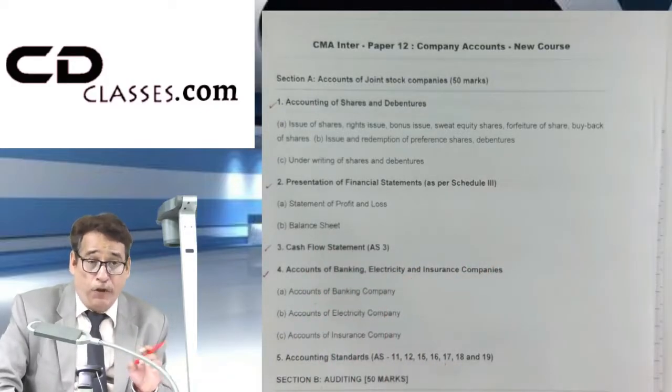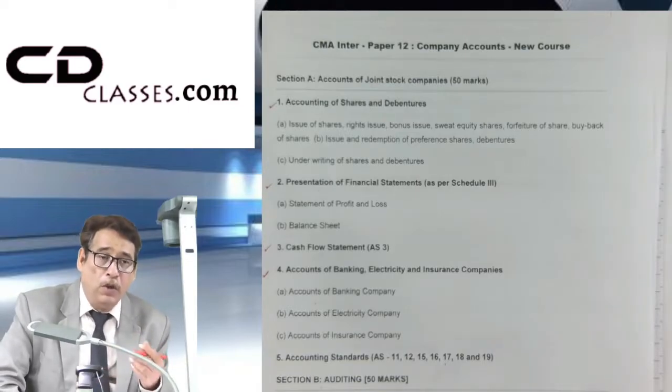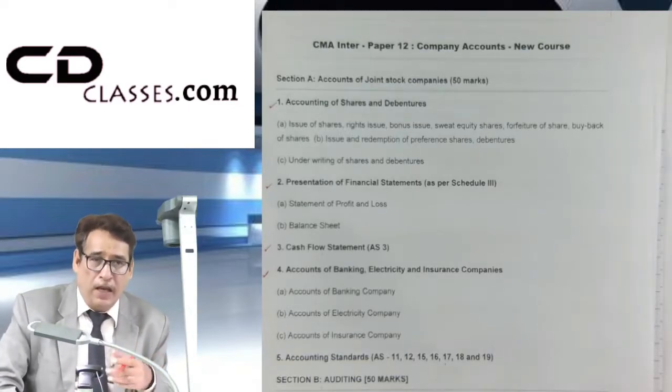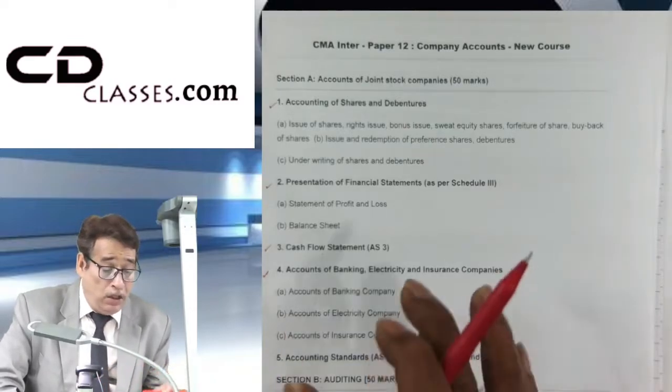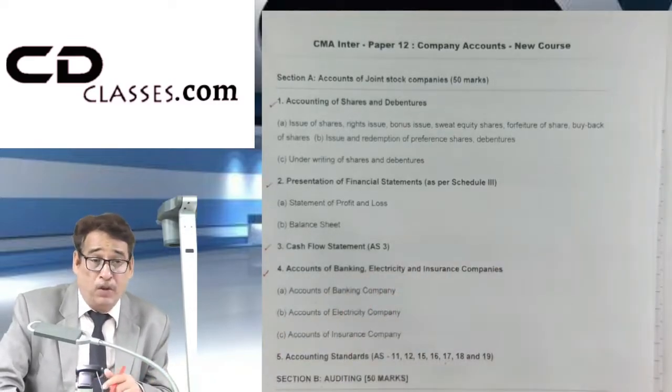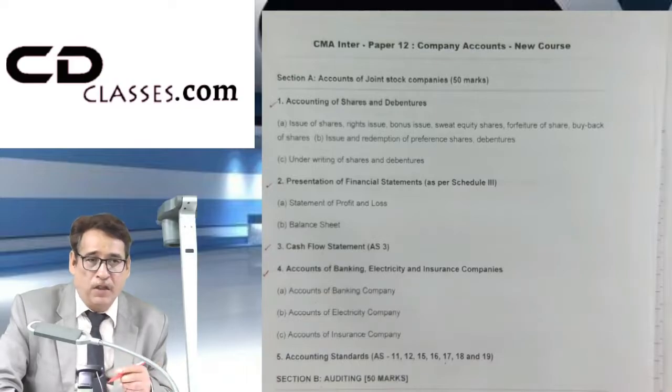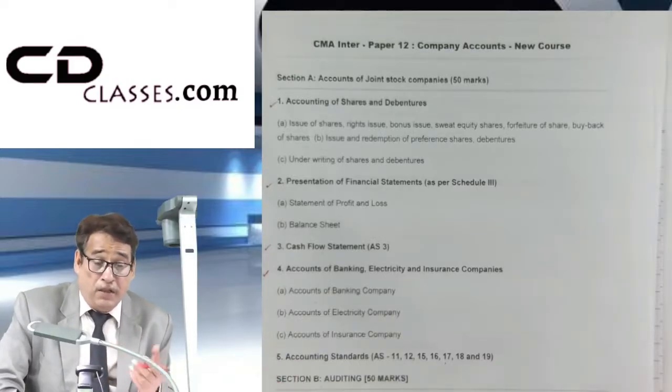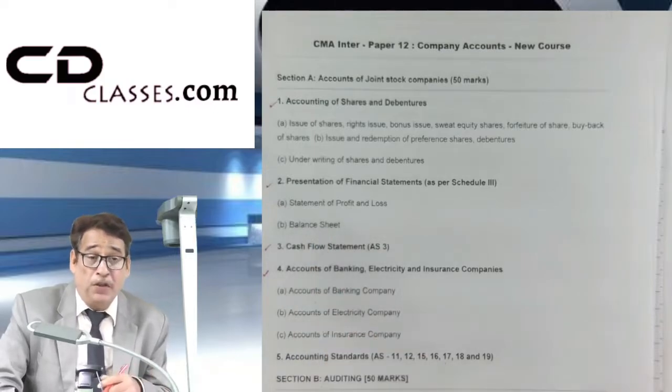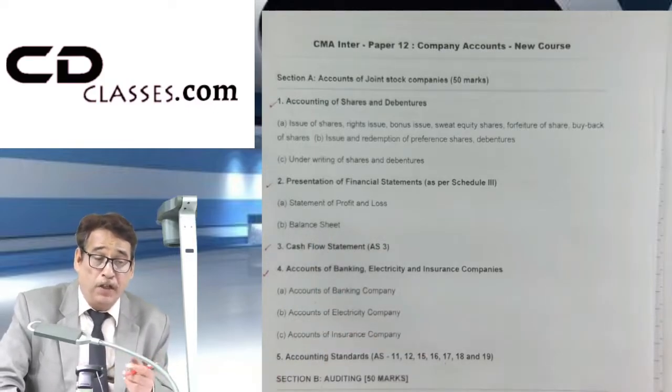Now the next unit is quite formidable. Why is it so formidable and important, not only from the examination point of view, but also because when later on, as a professional, you enter the practical arena, knowledge of this particular chapter is going to hold you in a very good state, provided you have a very strong base. Because as per the Companies Act 2013, companies now need to frame their profit and loss account and balance sheet as per the formats given in Schedule 3.